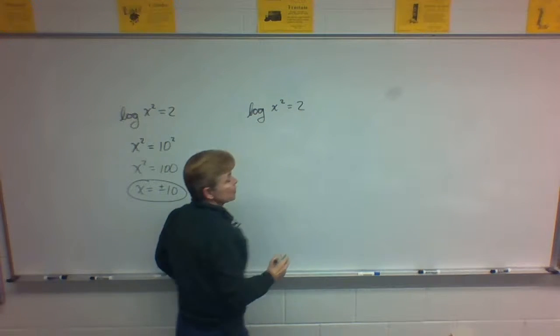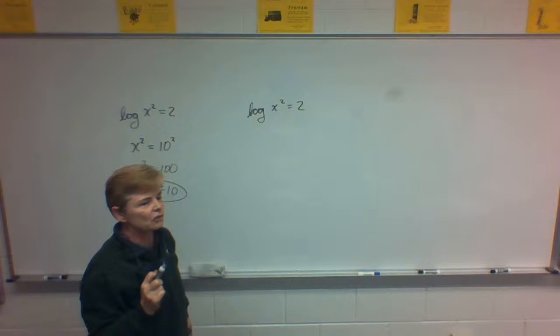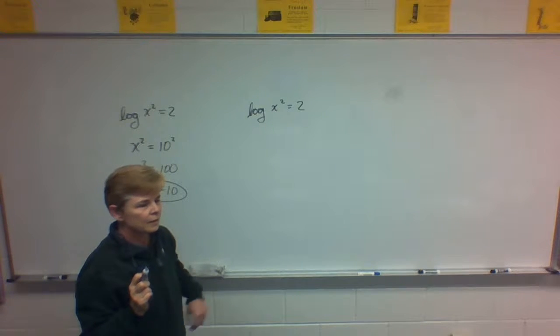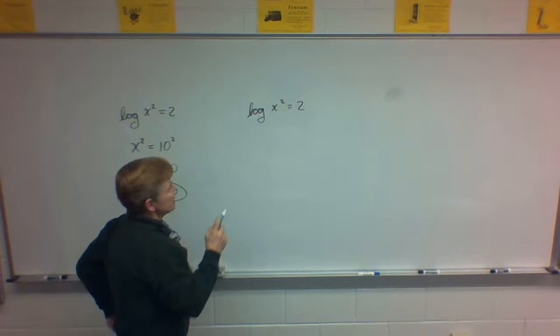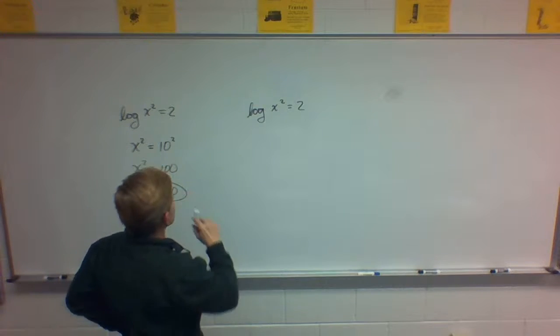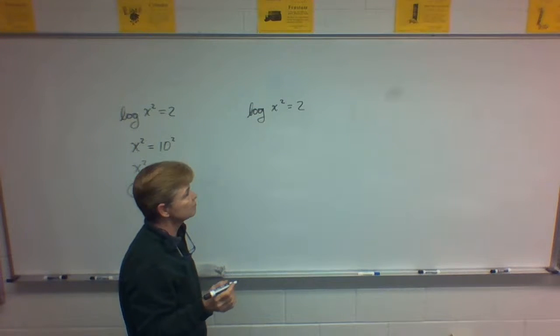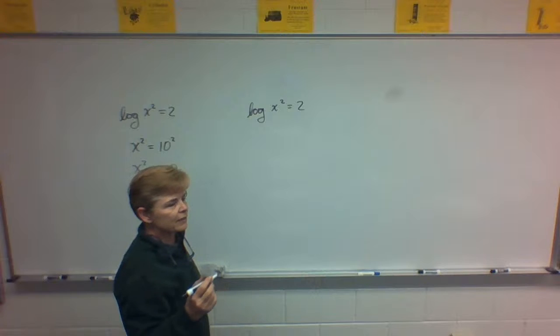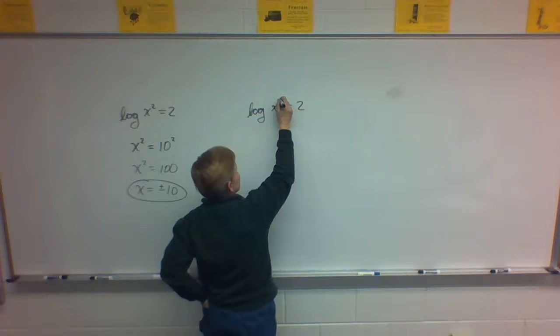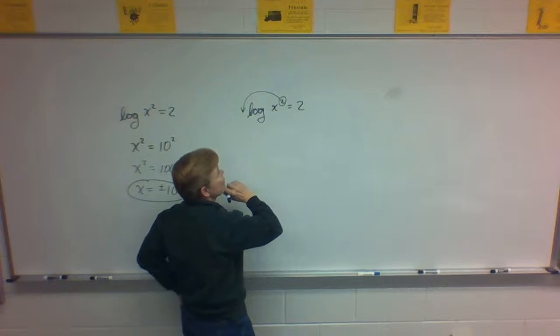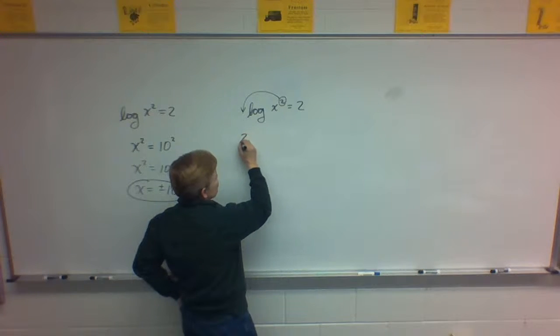There's going to be a problem here that you need to be aware of. It's extremely subtle. You know what subtle means, right? Hardly noticeable, except it's really important. If instead of changing the log to an exponent, you decided to apply the property that says I can take this exponent on what I'm logging and put it down front, then what you would have is this: 2 log x.